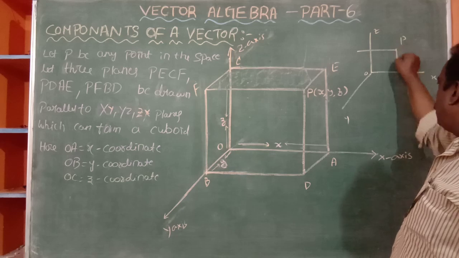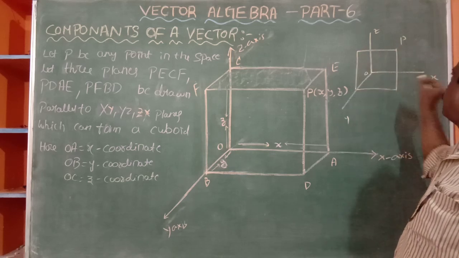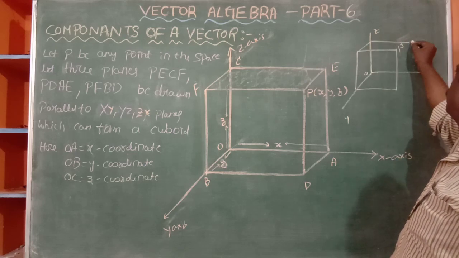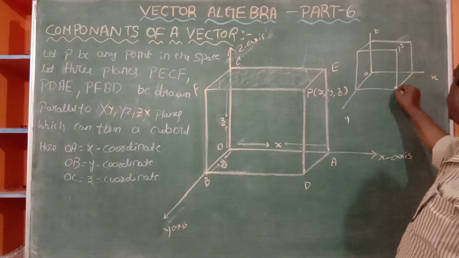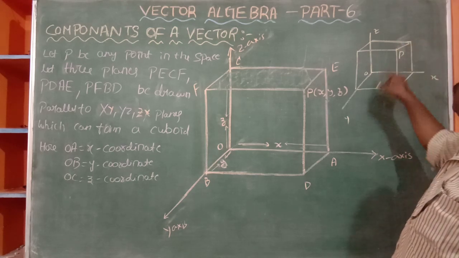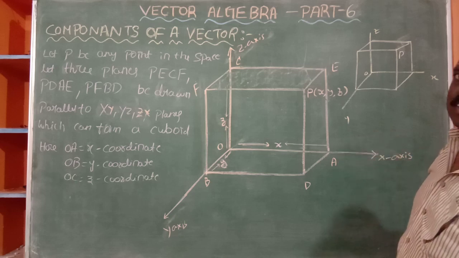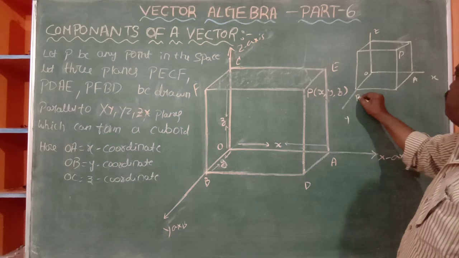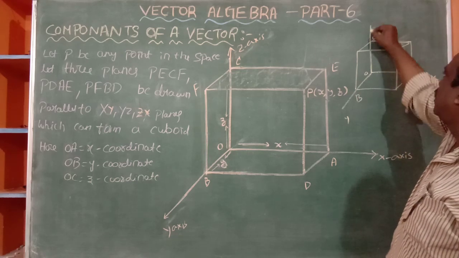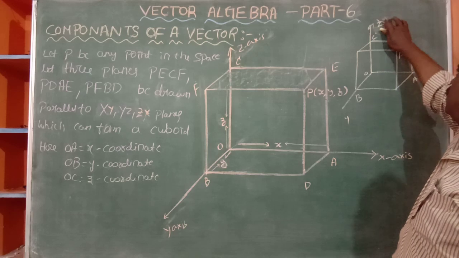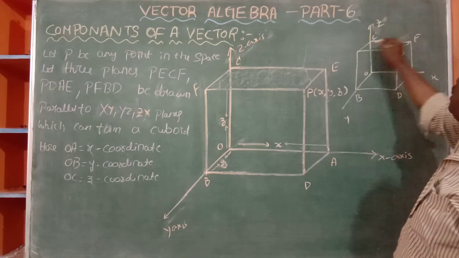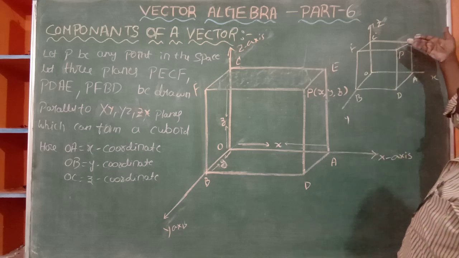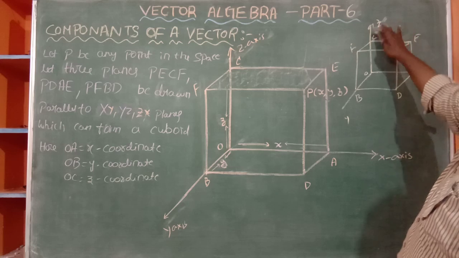If you draw like this, now we get a cuboid. Like this, cuboid. It is A, B, and it is C. And it is D, E, F. Then through the point P, first I construct PDCF.